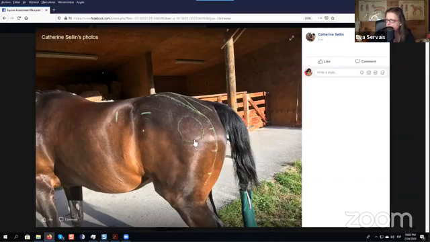Right here, if you can see my mouse, I can't draw on it now because I haven't been able to download the picture because it came in too late. Right here is his hip joint. So I'm going to draw the circle with my mouse. My circle would be here, because right here is his hip joint.